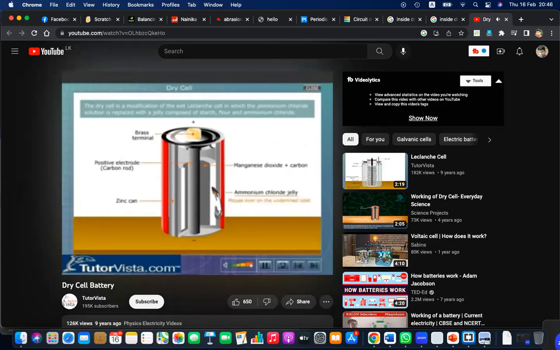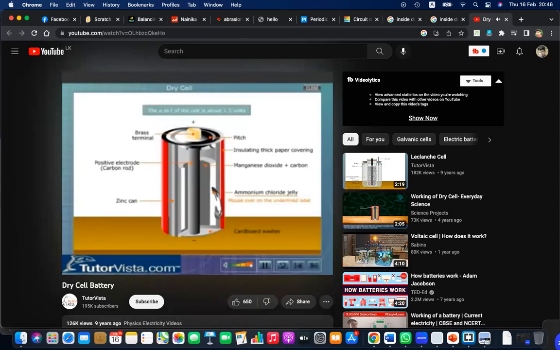The jelly is prevented from drying up by sealing the top of the cell with pitch. A cardboard washer is used to prevent the carbon rod from coming in contact with the zinc can. The zinc can is surrounded by an insulating thick paper covering. The working of the cell is similar as that of the wet Leclanche cell. The EMF of this cell is about 1.5 volts. It is portable and used in torches and transistor sets, etc.